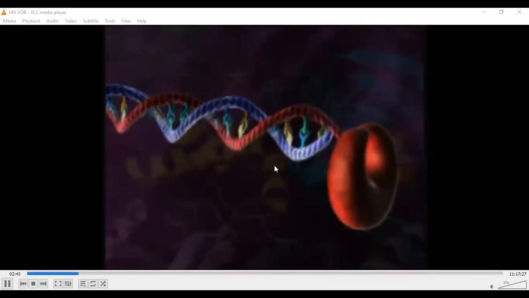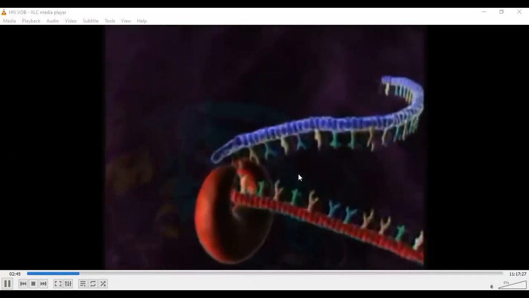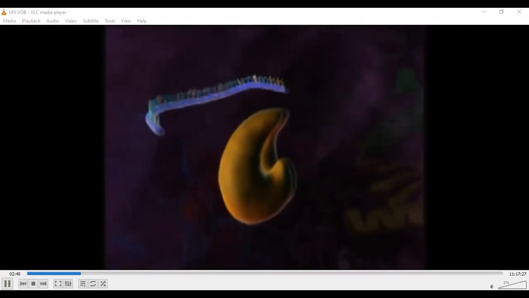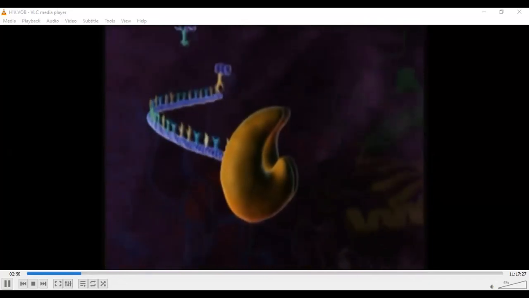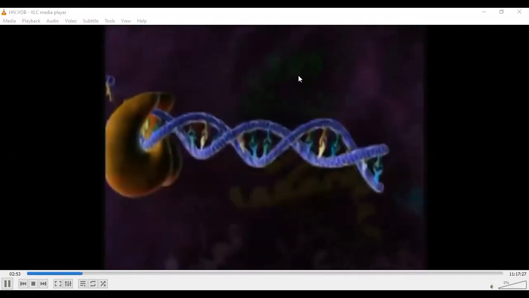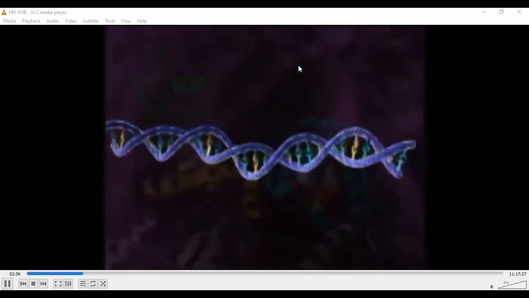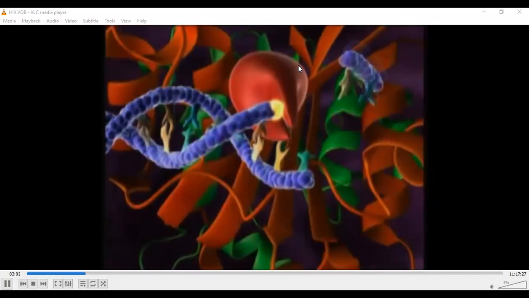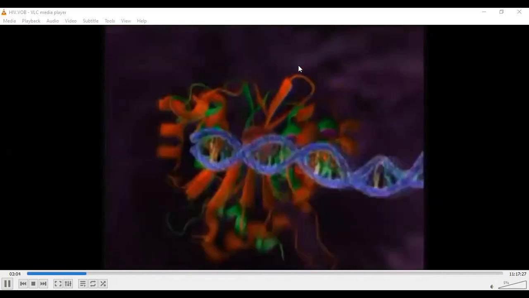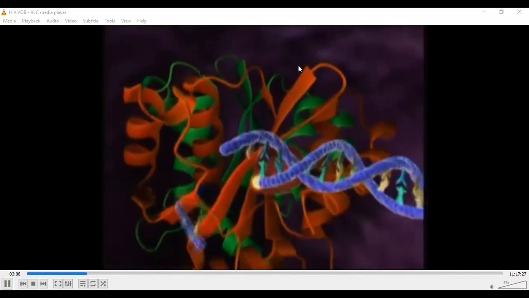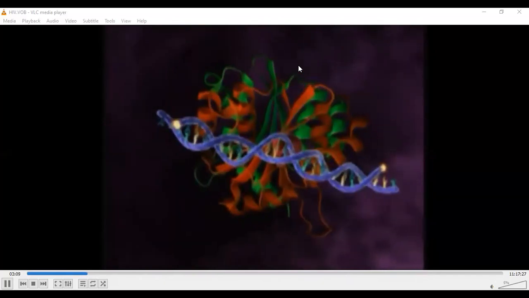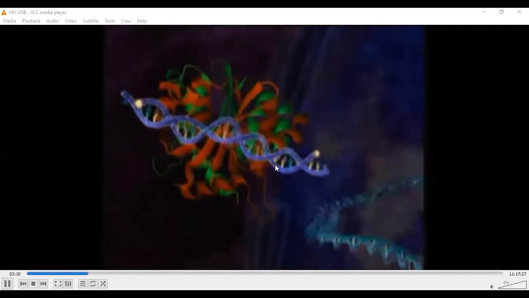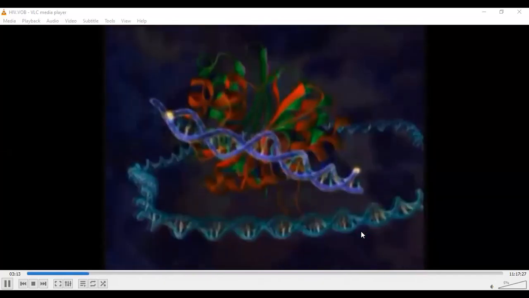The nucleic acid, either DNA or RNA, gets replicated, and all the other viral particles are synthesized. Everything happens inside our cytoplasm. So this is a step-by-step process. Biosynthesis takes place.